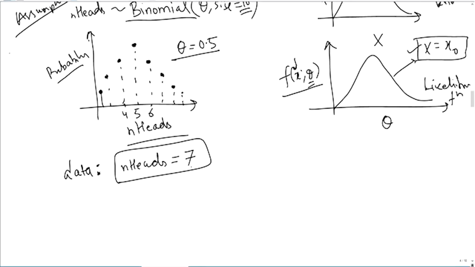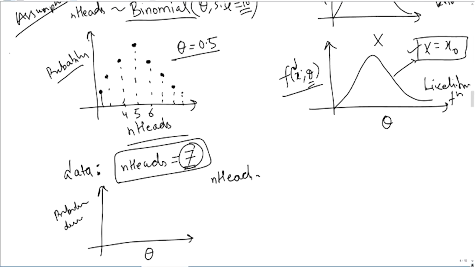Now, once this data is known, you can draw a graph between theta and probability density or likelihood. How likely is a particular value of theta to generate this data, number of heads equal to 7, assuming that number of heads comes from binomial distribution with underlying probability of heads being theta.